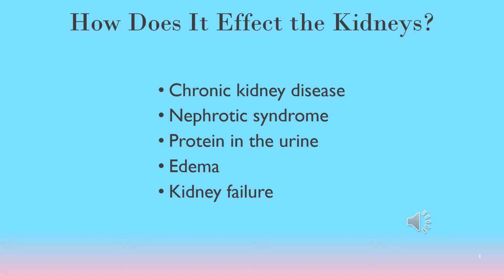It gets to a point that it causes the kidneys to shut down. So that's what the problem is with these protein deposits, is they get too large. And when they get too large and they can't pass, that is when they start to cause serious issues with the organ function.